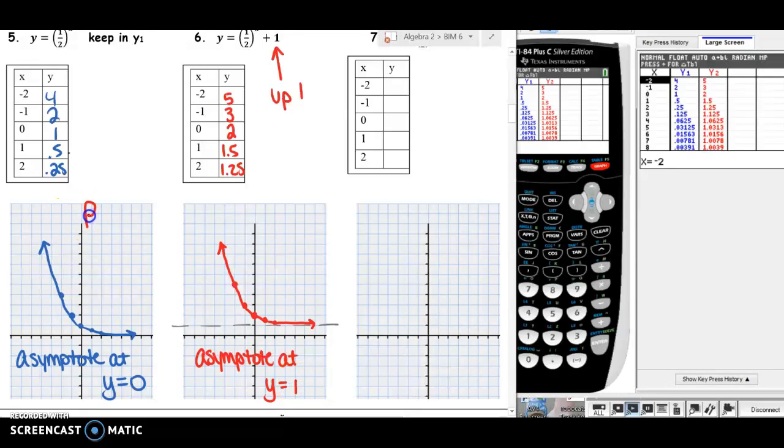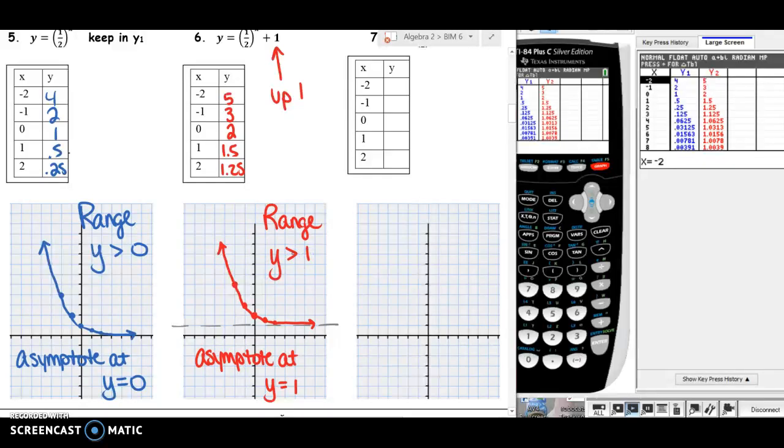This also affects the range of the graph, and I suppose I should use the right colors. So the range for number 5 is going to be y is greater than 0 because the asymptote is at 0. Anyone want to take a guess what the range is for number 6? Y is greater than 1.